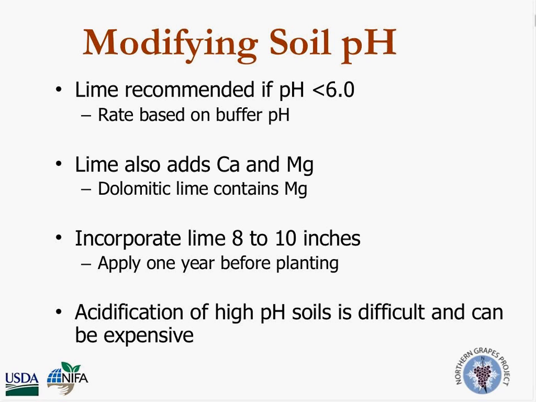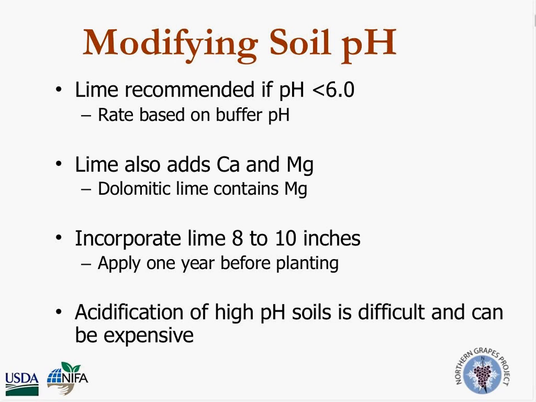Surface applications of lime are not very effective. You need to incorporate that lime 8 to 10 inches, and apply it before planting, at least 1 year before planting to get it to work. Lime is slow to react with the soil, and applying it well in advance is important.